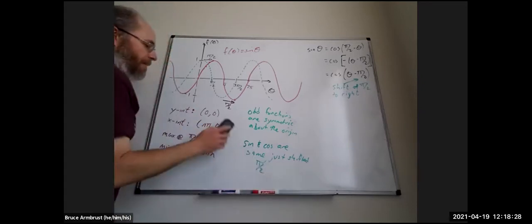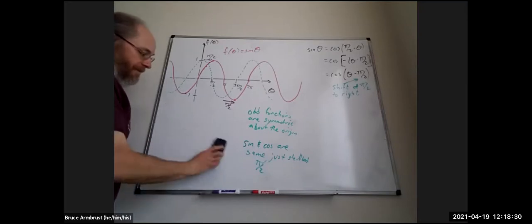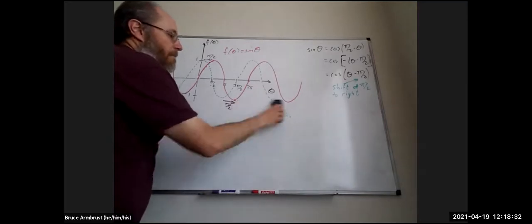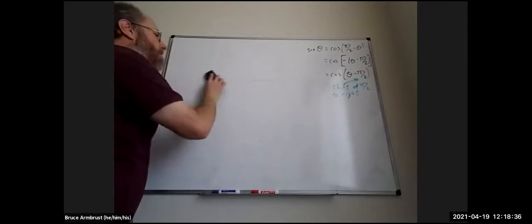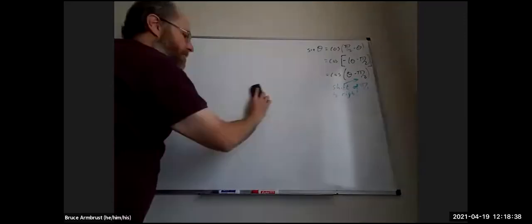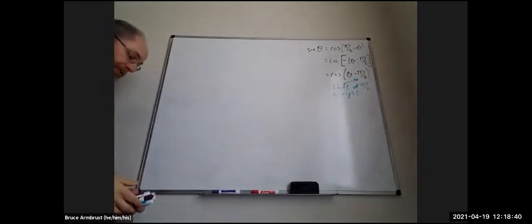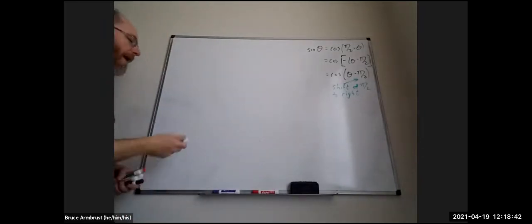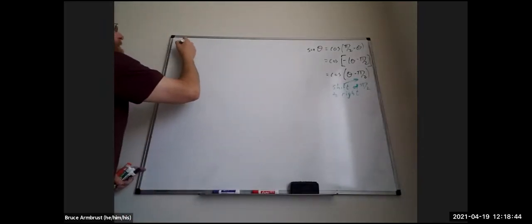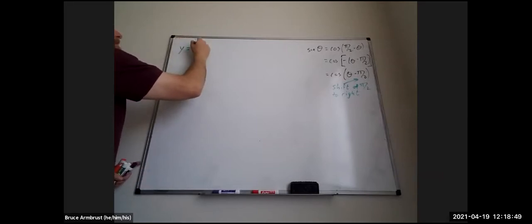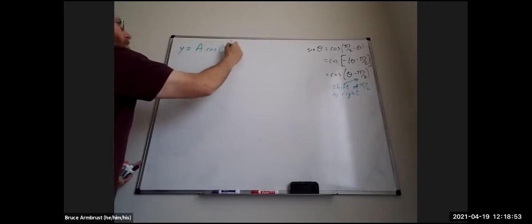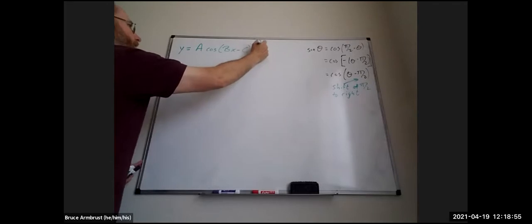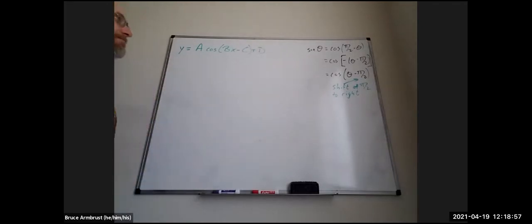Well, let's keep playing with the graphs of these things. But now, let's throw in transformations. So I'm going to write here a generic y equals a cosine of bx minus c plus d.